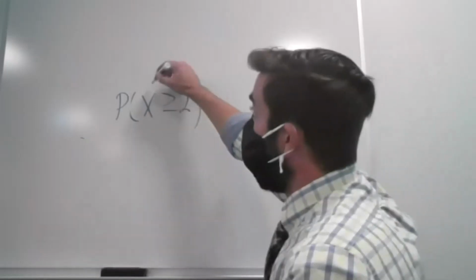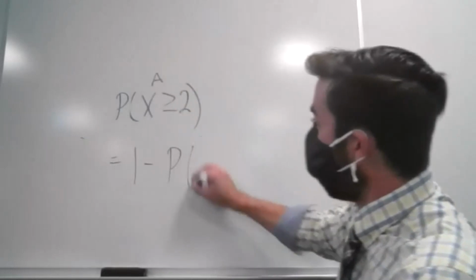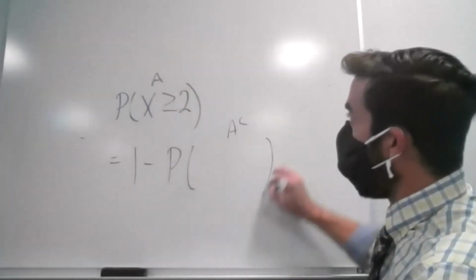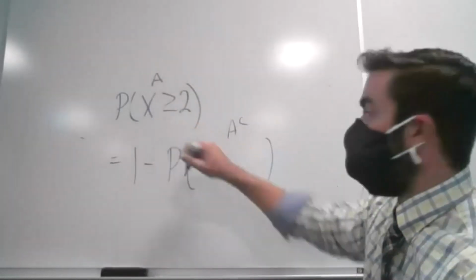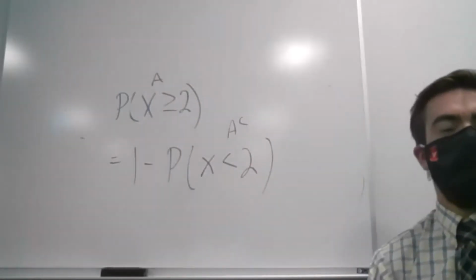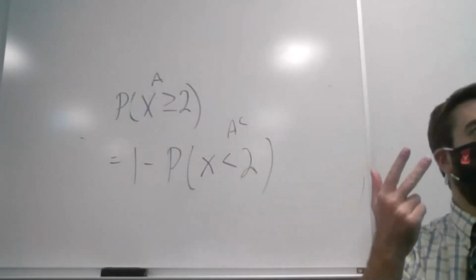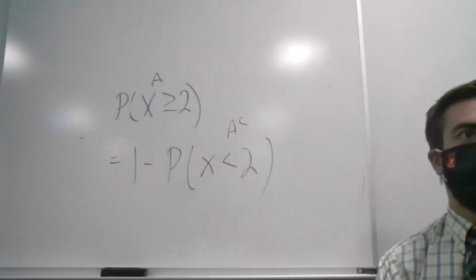But if I think about this as event A, then I know it's also equal to 1 minus A complement, which, what's A complement here? X just being less than 2. What outcomes fit this criteria? 0 and 1. I only have to use that equation twice, right?